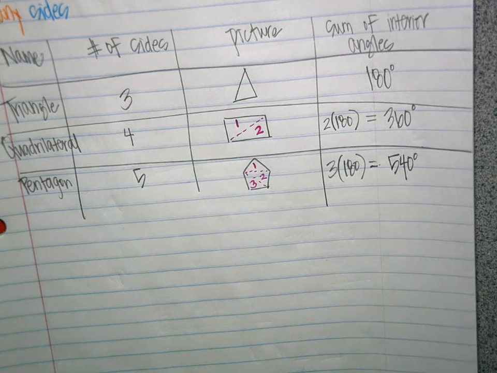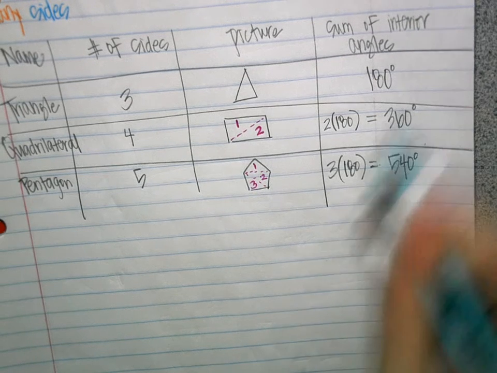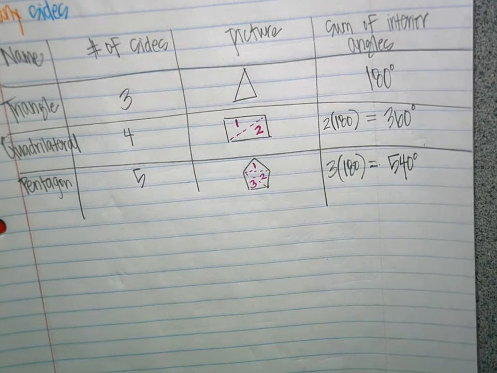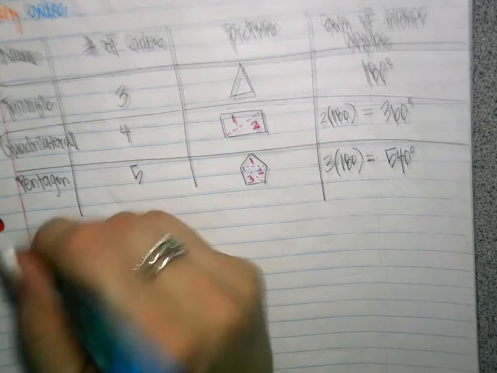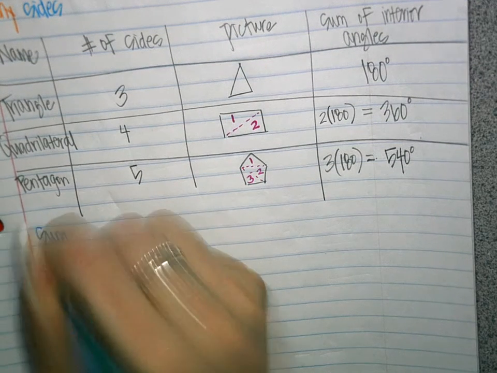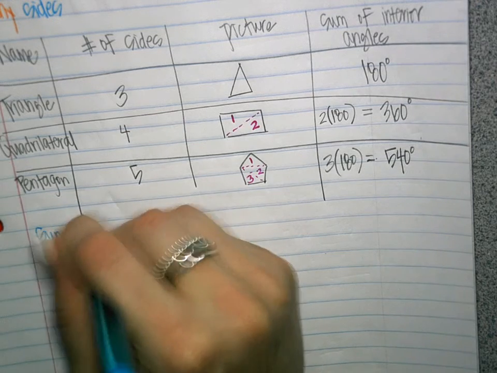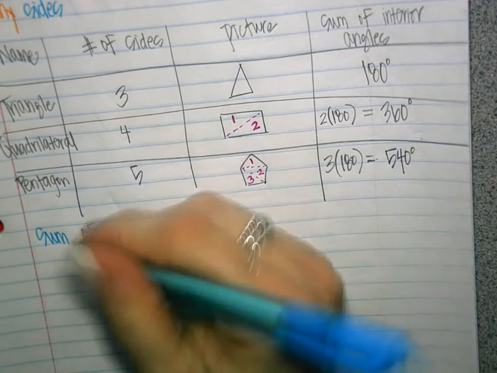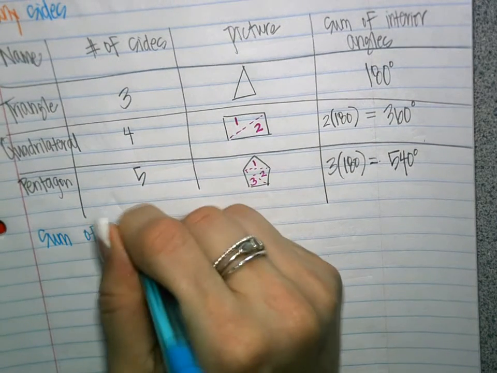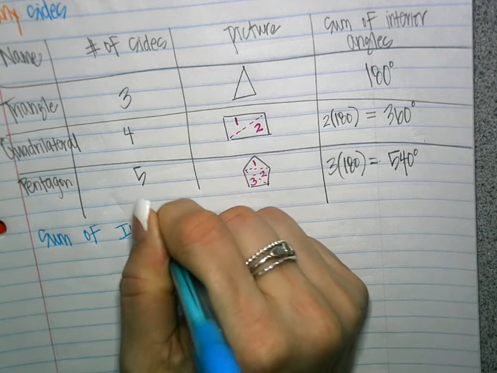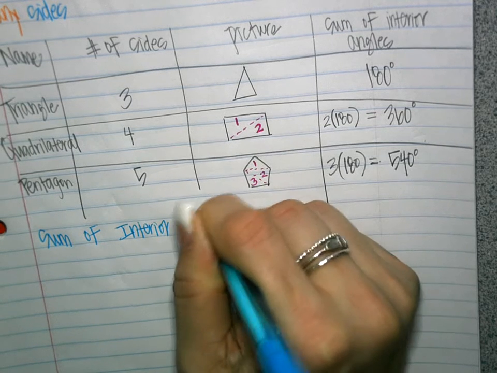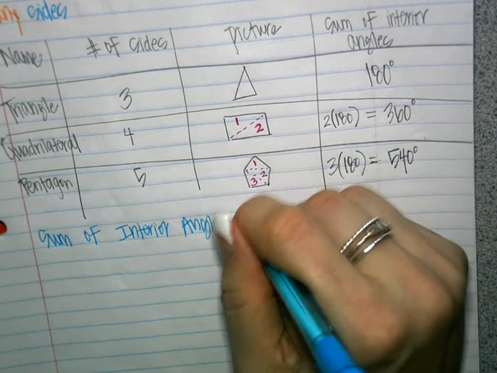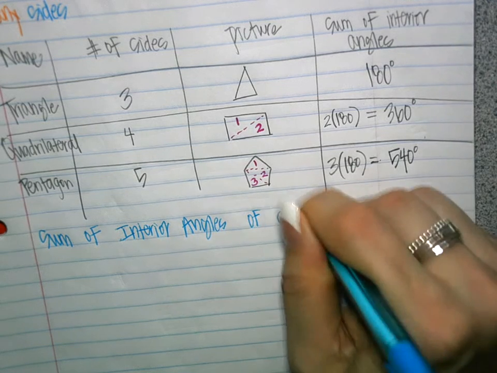But there's a formula, so instead of having to draw these and break them into triangles and then multiply. The formula that you need to know is that the sum, so that means add it all together, the sum of the interior angles of a polygon.